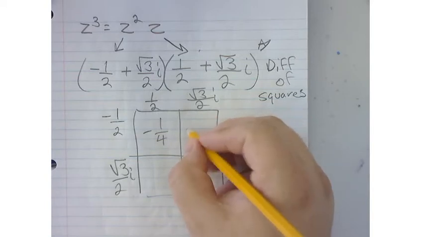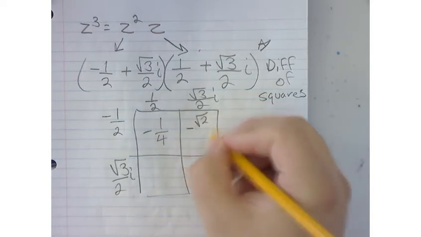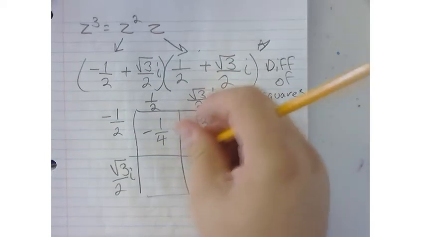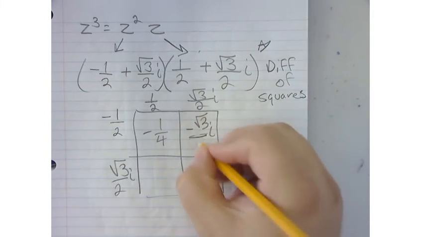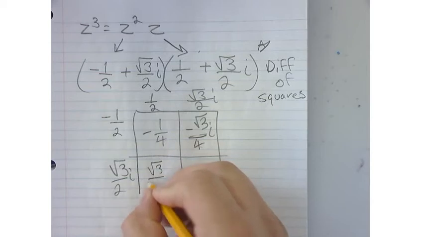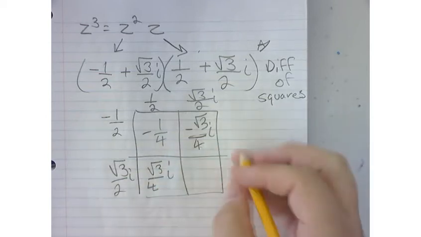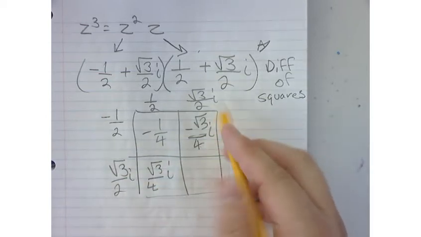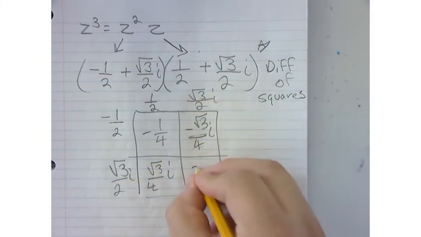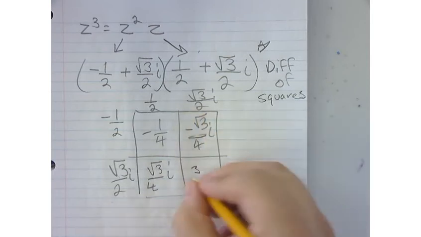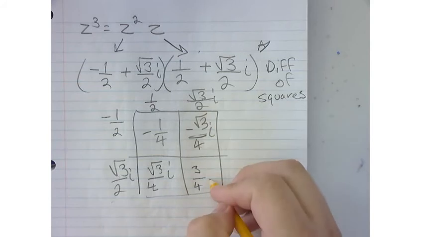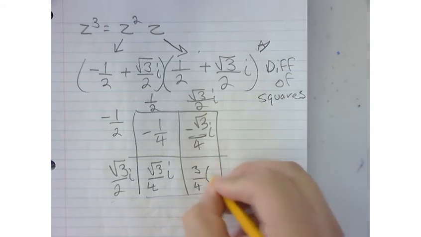This becomes negative root 3 over 4i, and then this becomes positive root 3 over 4i. And then this becomes the square root of 3 times the square root of 3, which is just 3. 2 times 2 becomes 4. And then we have i squared, which is really negative 1.